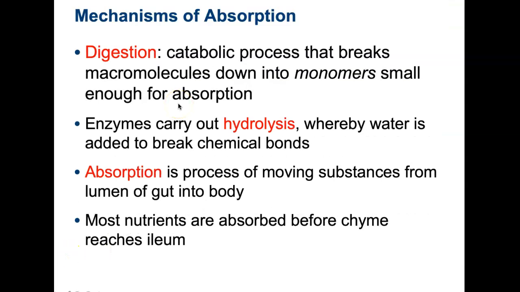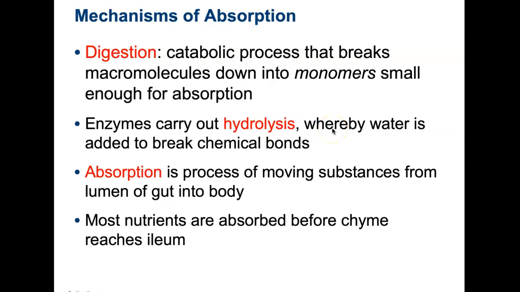What are the mechanisms of absorption? So we have digestion, right? We're breaking down large molecules, macromolecules, polymers into monomers, small enough for absorption. We can't absorb the big molecules, we have to break them down. That's why we've been doing all of this mixing and churning and mechanical and chemical digestion. We have to have enzymes that are going to carry out hydrolysis.